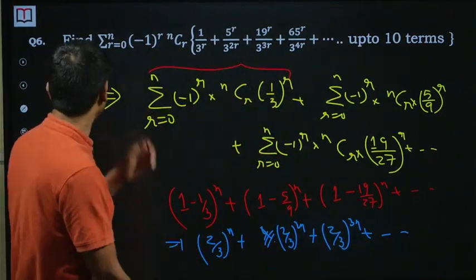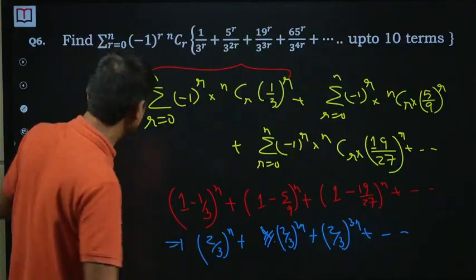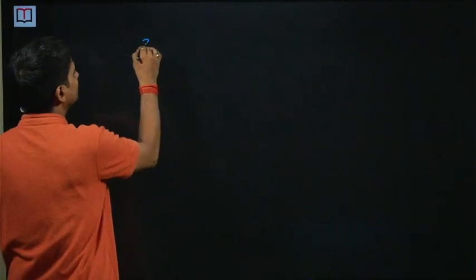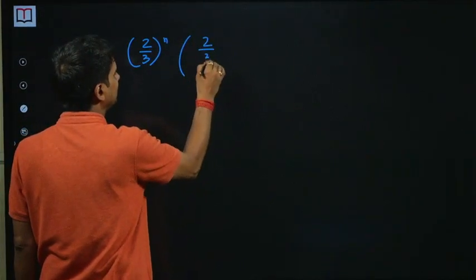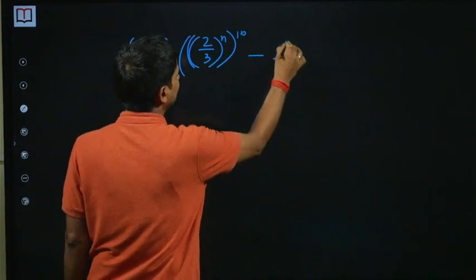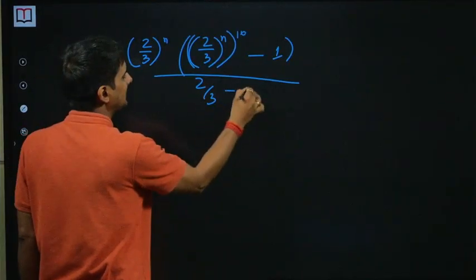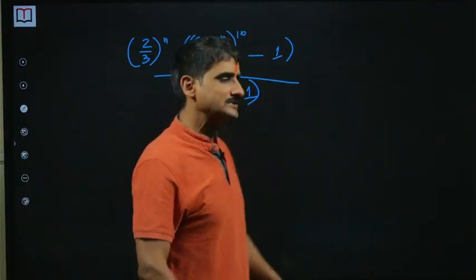So how many terms does it have? Up to 10 terms. So you have a 10 terms GP whose first term is (2 by 3) raised to the power n, common ratio is also (2 by 3) raised to the power n, so the sum is ((2 by 3)^n raised to the power 10 minus 1) upon (2 by 3 minus 1) here, and that's it. Simplify it and we get the answer whatever it is.